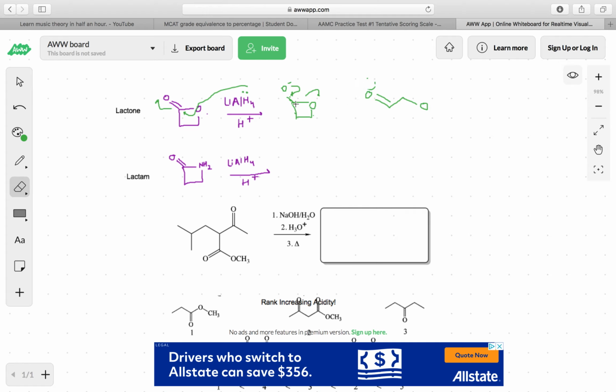Oh, I think I messed up. My bad. So sorry, we had 1, 2, 3, and then another oxygen. And then the oxygen grabs a proton, so it'll end up looking like this.